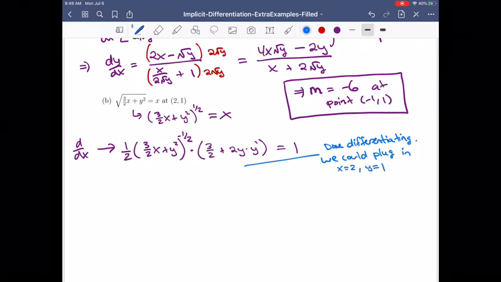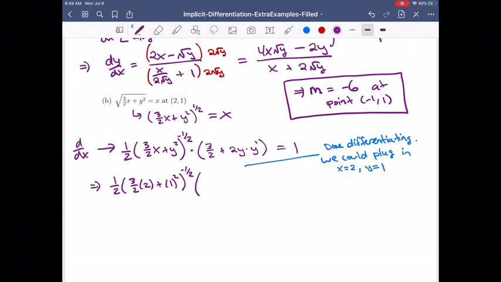That's going to make our solving a bit easier. As soon as you're done taking all the derivatives you need to take, you can plug in your values. So that's going to be 1 over 2 times 3 over 2 times 2 plus 1 squared to the power -1/2 times 3 over 2 plus 2 times 1, y prime is still there, equals 1.